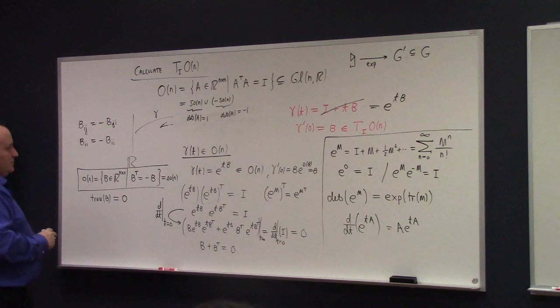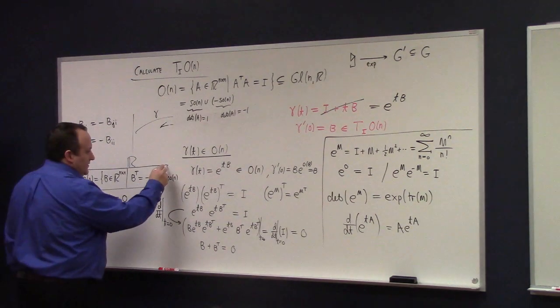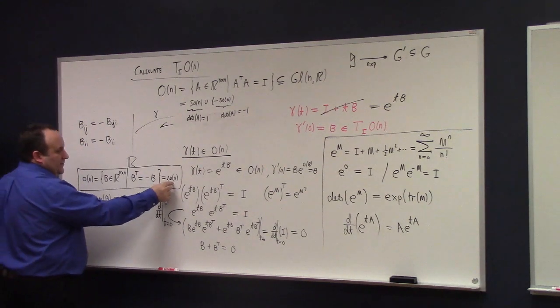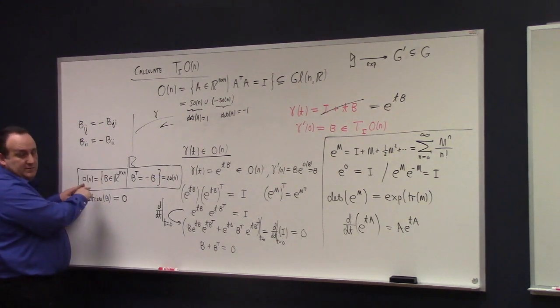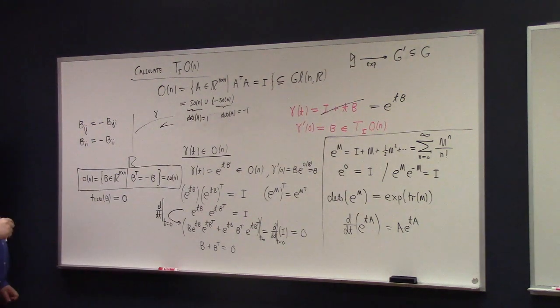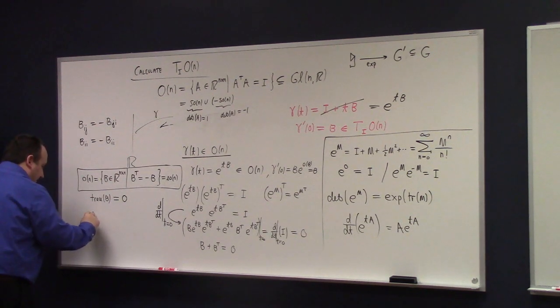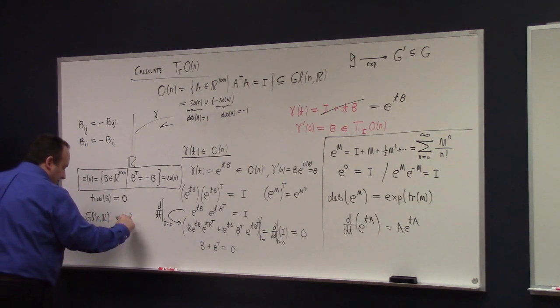You notice there's a capitalization. You guys got to see what's going on here. We're using lowercase letters for the Lie algebra. We use uppercase letters for the Lie group. The same thing goes with the general linear group, GL(n,R), versus the Lie algebra gl(n,R).